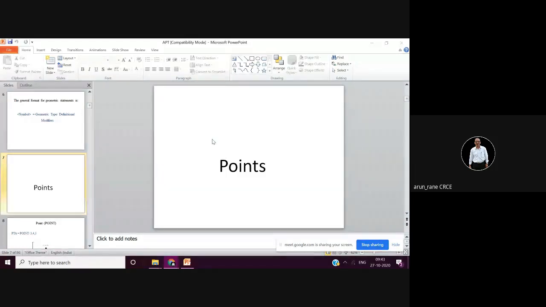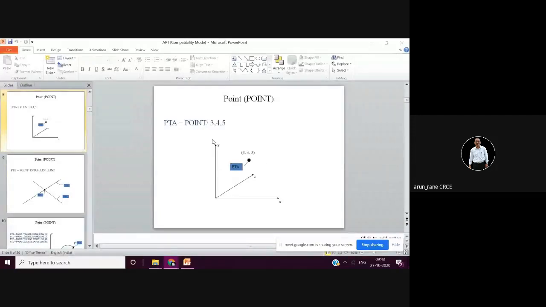First is points. You have to follow a particular syntax in APT.